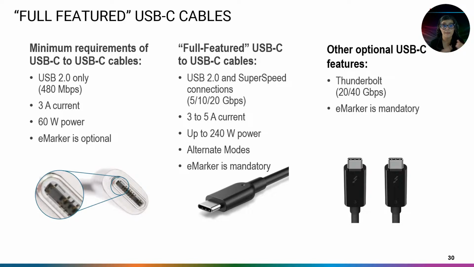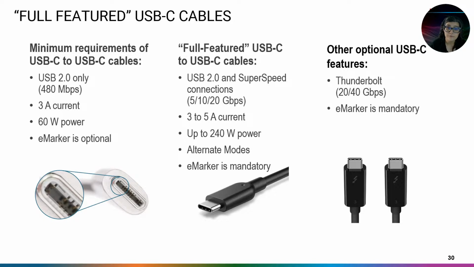So it's going to be at least USB. They're going to be able to do the backwards compatibility to USB 2.0, as well as go up to 20 gigabits per second. It's going to be able to do 3, maybe even 5 amps of current, up to 240 watts of power. It's going to be able to do those alternate modes, and that E-marker is mandatory. So if you're buying a cable and it doesn't say it has an E-marker, I would say that the chances of it being able to do DisplayPort are probably not going to be very good for you.